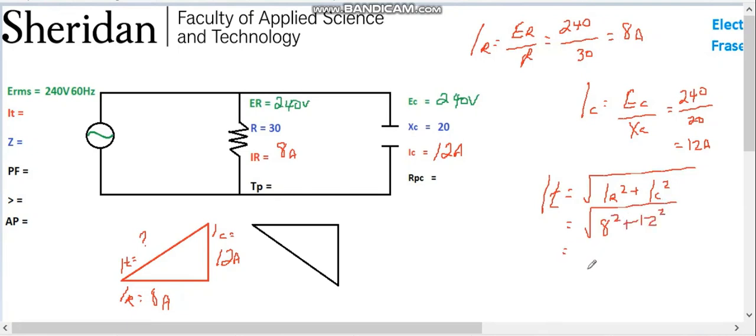I'll give you a second to punch that in, so you get the same answer as me, I hope. You betcha, 14.42 amps.